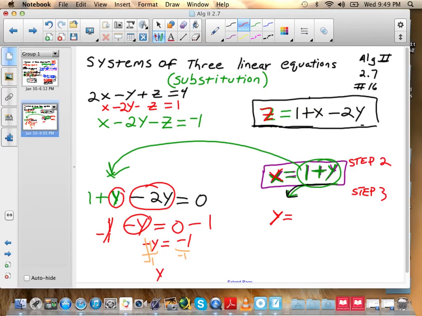Because negative 1 divided by negative 1, a negative divided by a negative is a positive, so that just gives me a 1. So I end up with y equals 1.